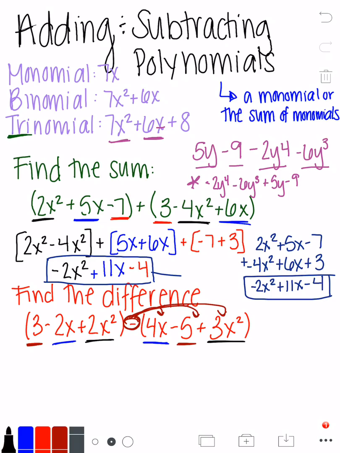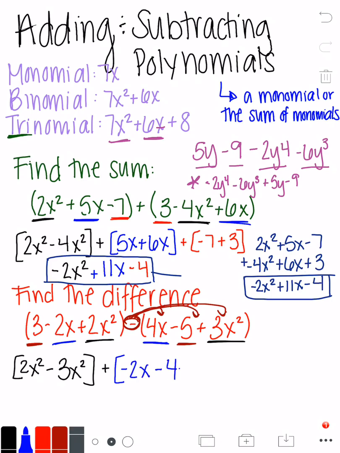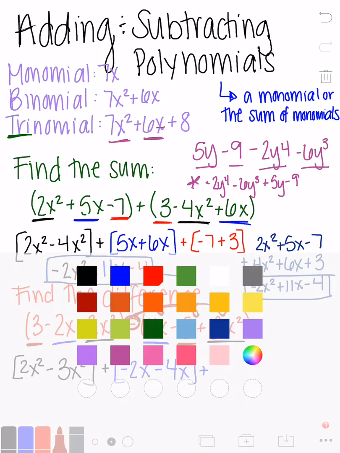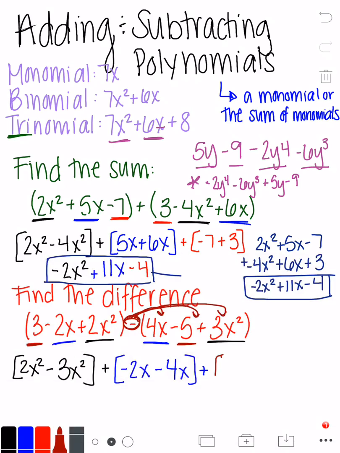So we're going to start with 2x squared minus 3x squared, plus we have negative 2x minus 4x, plus 3 minus negative 5. So that's going to make it plus, right?